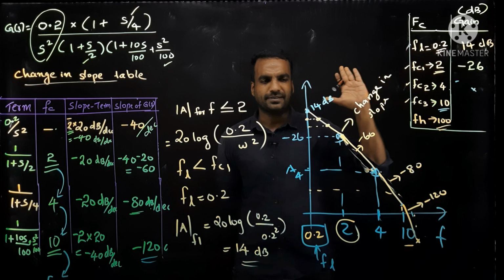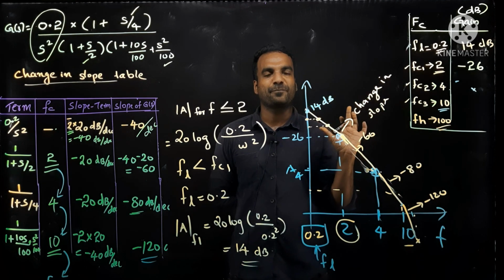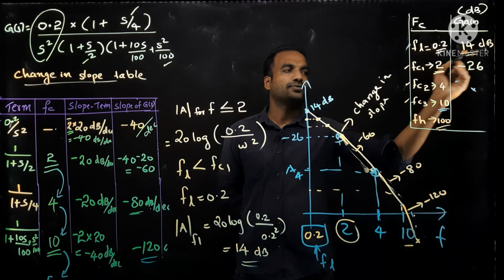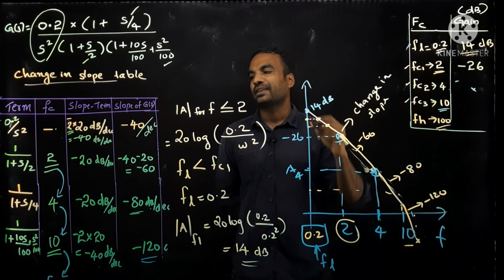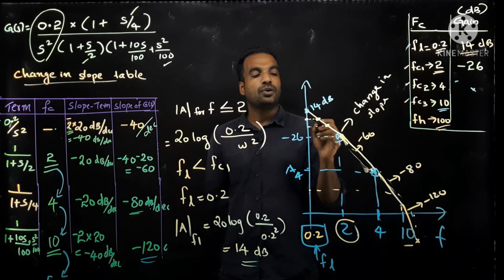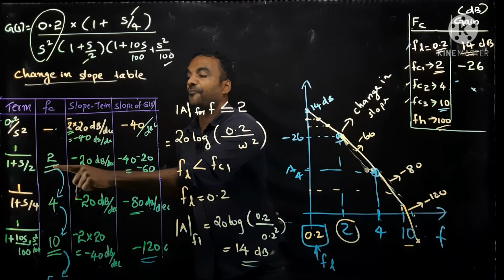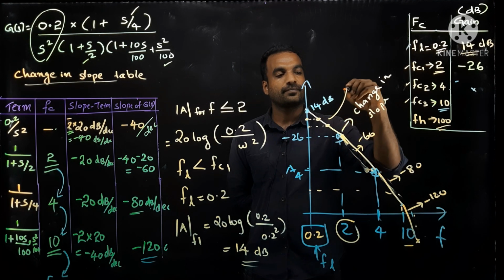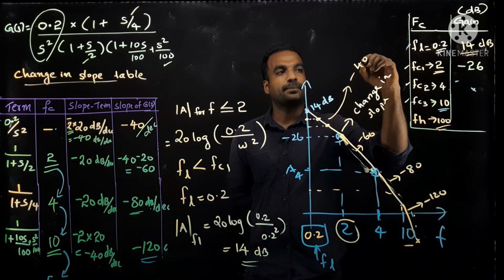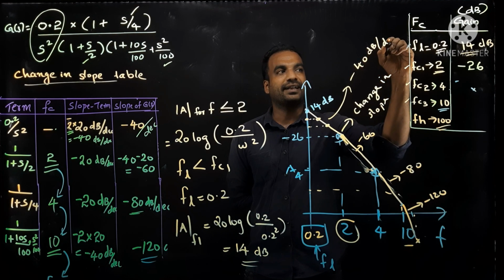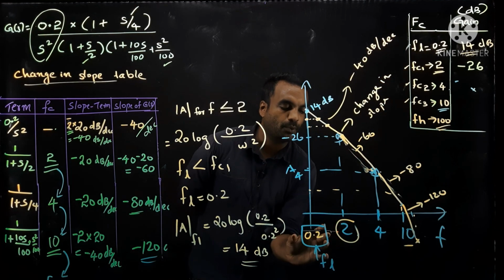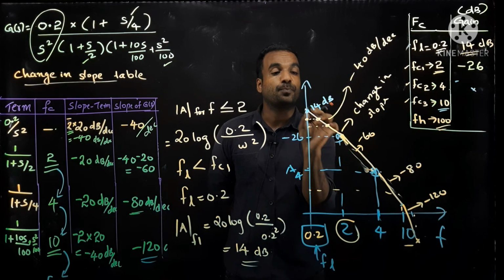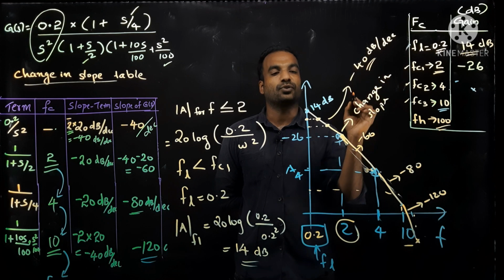Let me cross check. Is this answer right or wrong? How can you cross check? I got 0.2 which is 14 dB. You can easily cross check because up to the first corner frequency the slope is minus 40 dB per decade, and this change is 1 decade, 0.2 to 2. So the magnitudes of these 2 points will have a difference of minus 40.